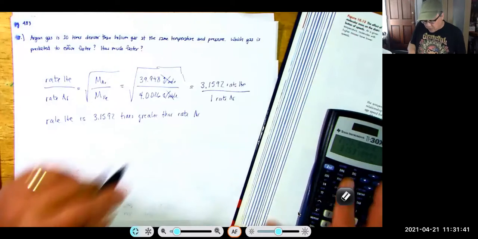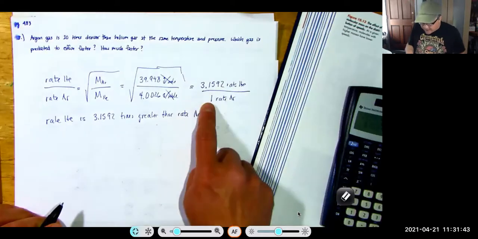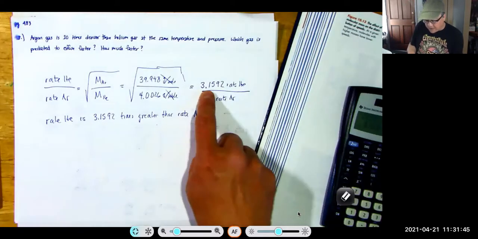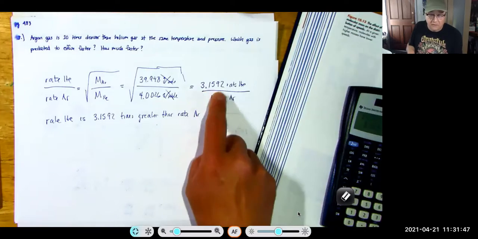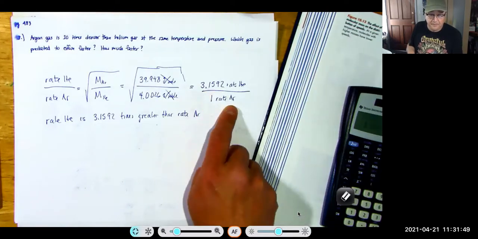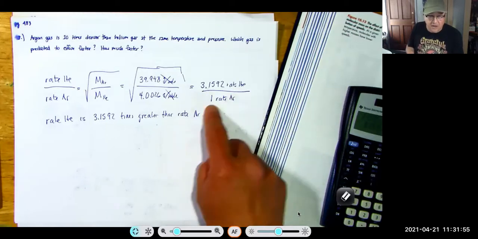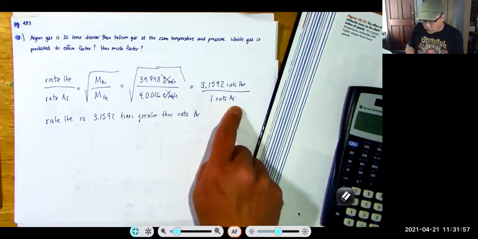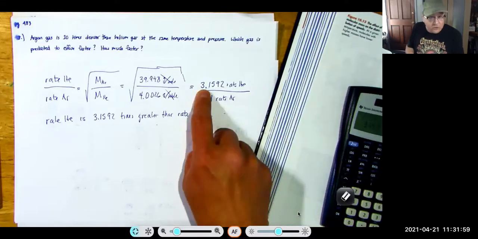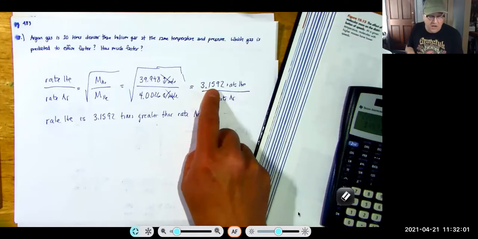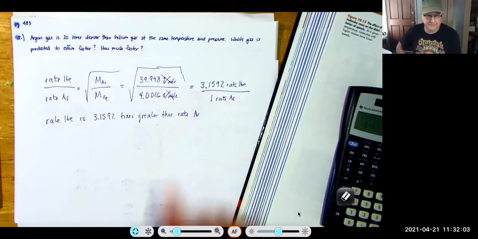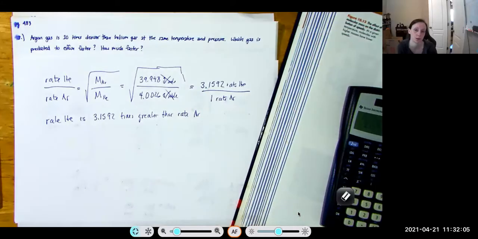So that's what we're looking at. Here's how fast the helium rate is, 3.1592 compared to every 1 for argon. So that would be 3 atoms for every 1 atom of argon, or 3.1 liters for every 1 liter of argon. So that's how much of helium is diffusing.